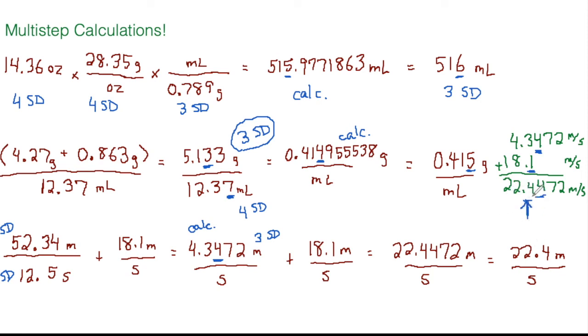And so we have to go with the position on the left. So our uncertainty in this result is 1 past the decimal. If we were doing more calculations on this, we could just carry it forward with the underlining, but since this is the final result that we're reporting, we'll go ahead and round it off and report 22.4 meters per second.